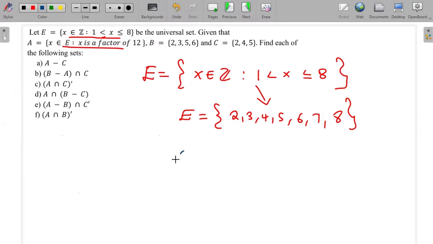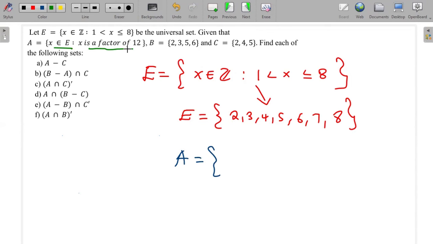What about set A? Okay, so set A there, they're saying x is a member of the universal set. So meaning that whatever is going to be present in this set A should come from this universal set. And then x is a factor of 12.